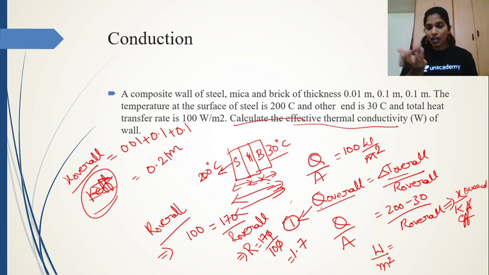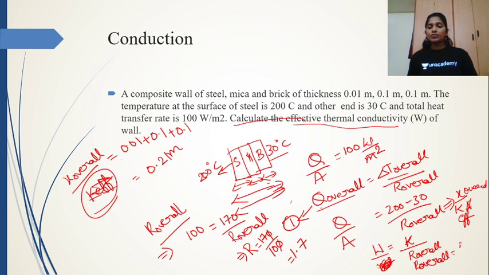Or else we can't take it. So let's remove this here. Watts per meter square, and delta T can be in Kelvin or degree centigrade, and R overall is Kelvin per watt. So these are the units of overall resistance.